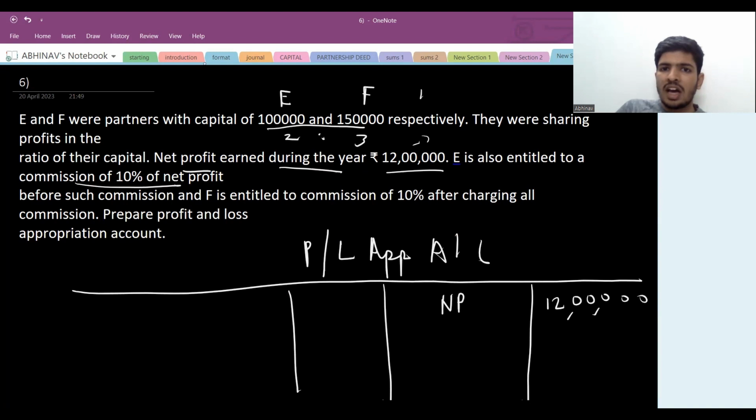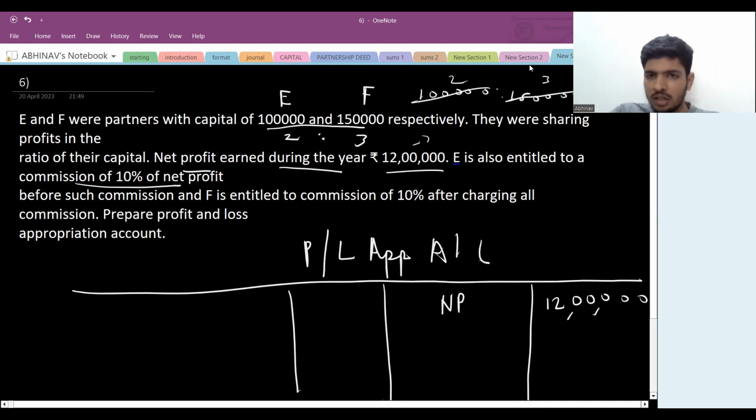I just took 1 lakh is to 1,50,000 and shortened it to the minimum ratio. 50,000 into 2, 50,000 into 3, 2:3. So 2:3 comes here. I'm explaining this because my job is to explain each and every point.